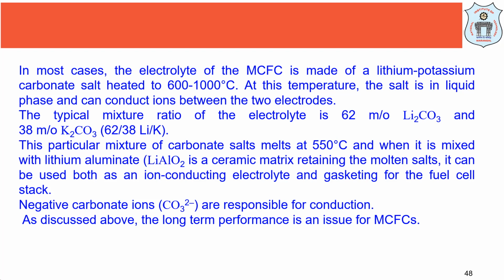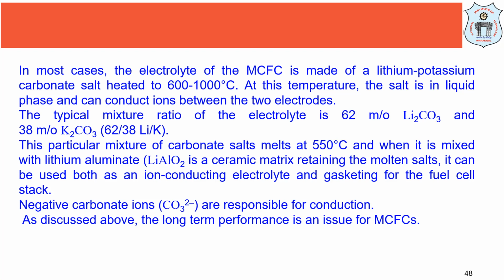Carbonate ions are the charge carrier, moving from the cathode to the anode. In a phosphoric acid fuel cell, H plus ions move from anode to cathode, but here carbonate ions are passed from cathode to anode.